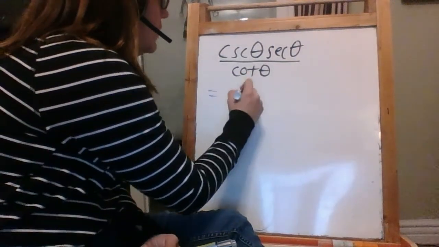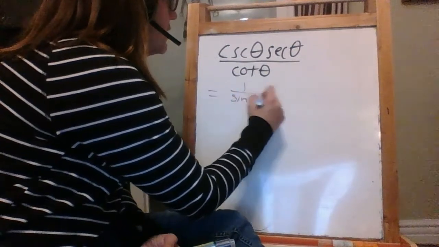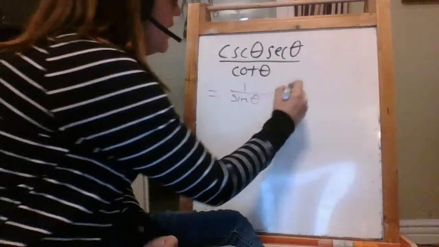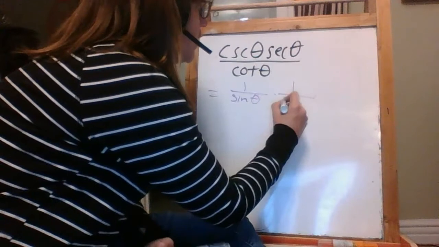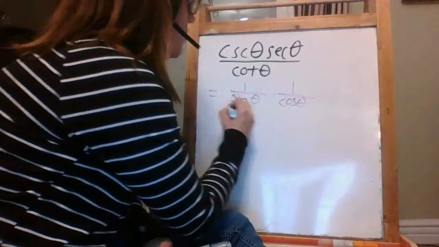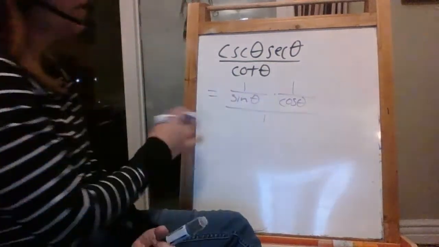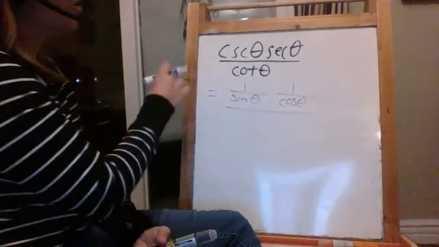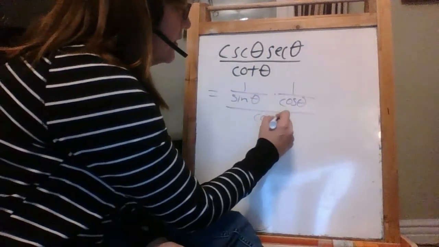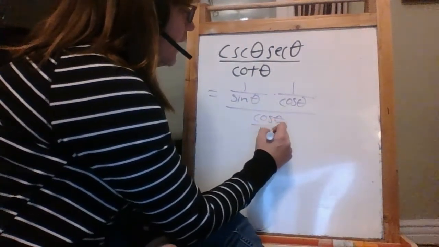So cosecant can be written as 1 over sine theta, and secant can be written as 1 over cosine theta. And on the bottom here, I don't want to write it as 1 over tangent. I'm going to write it as cosine theta over sine theta.